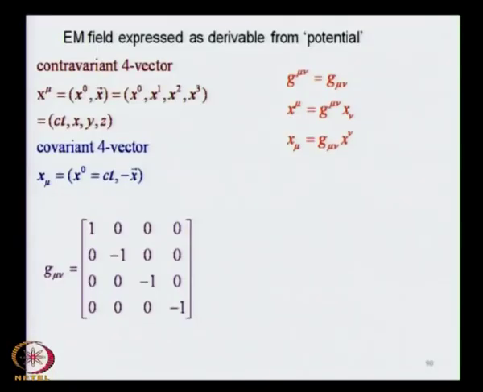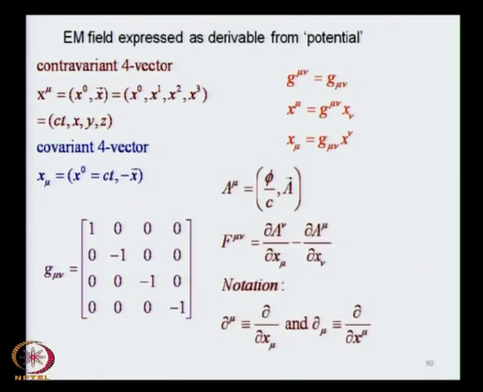this metric G. And you can go from the covariant notation to the contravariant notation in a simple fashion by using this matrix notation. You can just use this like matrix algebra, and these are the relations which you use to get the electromagnetic field from the potentials.